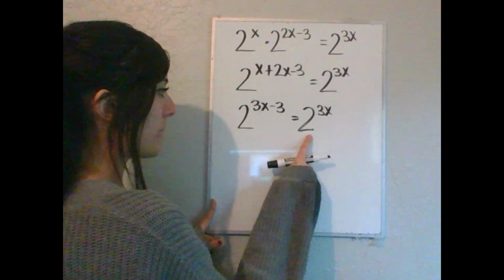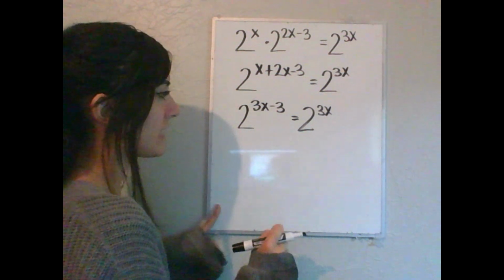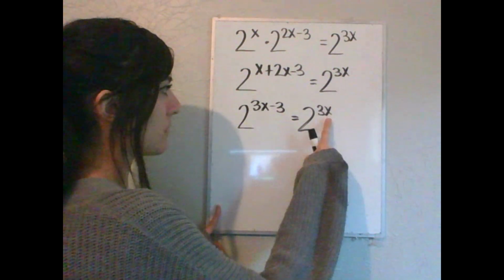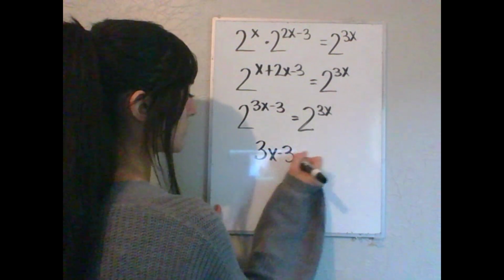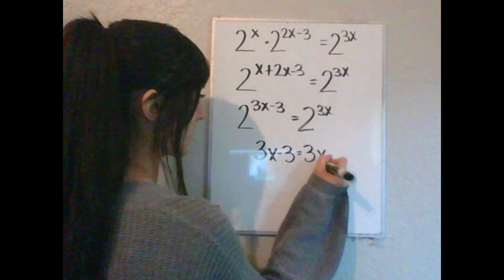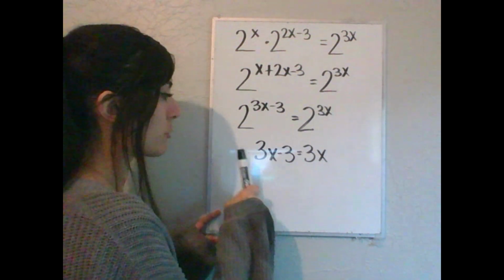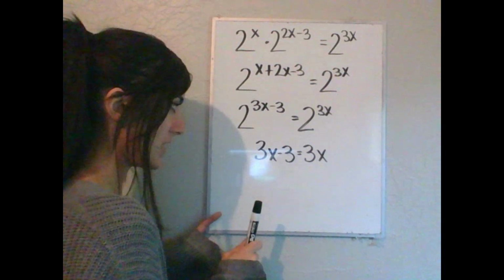Now I have the same base. Each side of my equation is as simplified as it can be, so I'm just going to drop my bases and set my exponents equal to each other. That gives me 3x minus 3 equals 3x. Now I need to solve for x. To do that, I'm going to move all my x's on one side and all my constants on the other side.